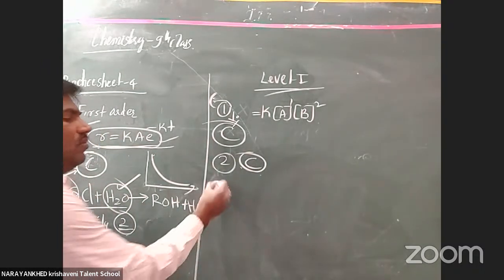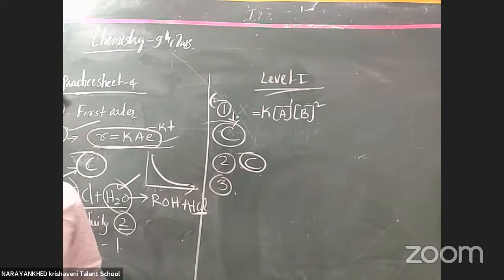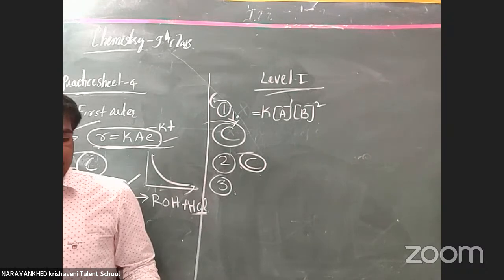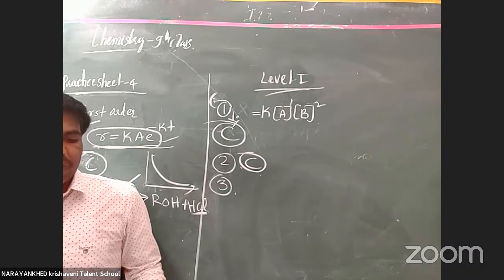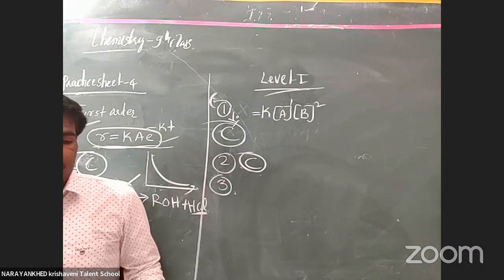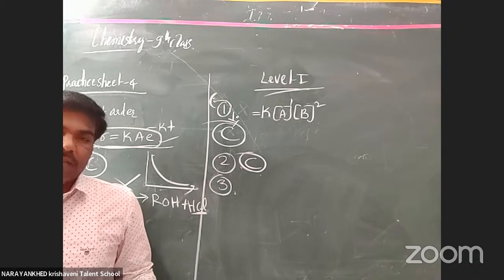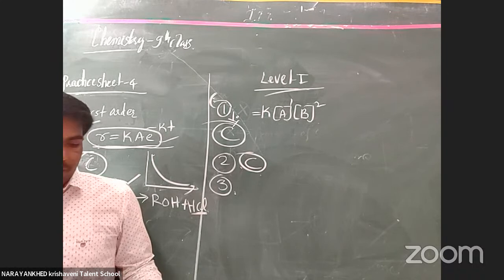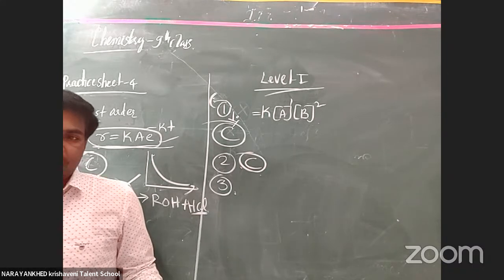Next, third one. The specific rate constant of a first order reaction depends only on the temperature. The remaining are not influencing the specific rate constant.